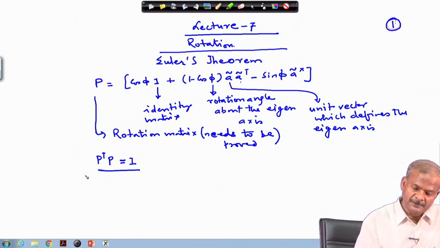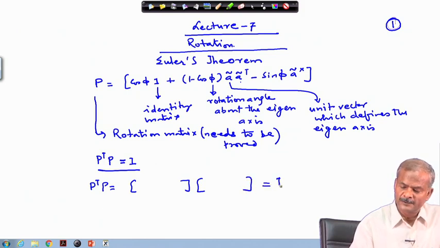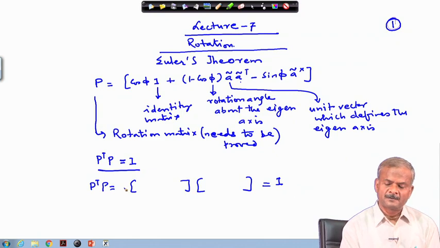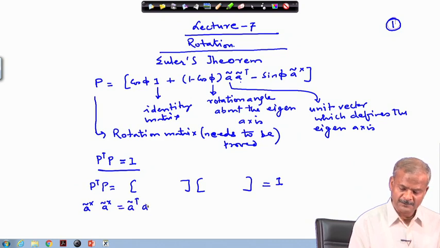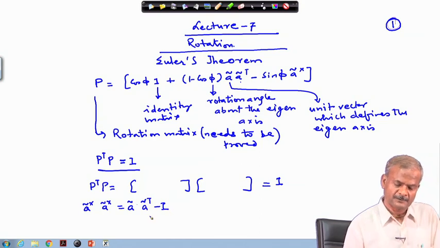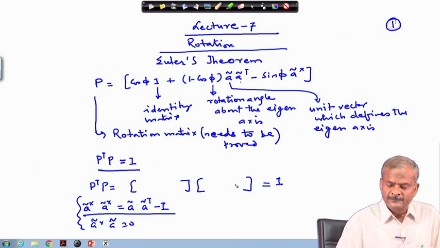What we suggested last time is that once we start writing P transpose P, it will turn out to be indeed I under certain characteristics that we have to assume: A tilde transpose times A tilde times A tilde transpose minus I, and A tilde cross A tilde equals 0. I gave you the equation last time.